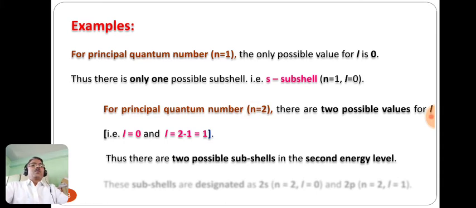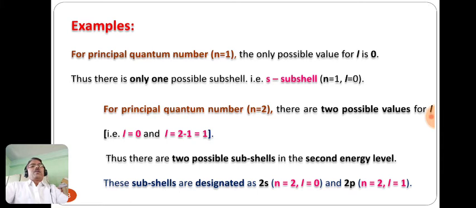And these two subshells belong to the second energy level, and they are designated as 2s, with quantum numbers n equals 2 and l equals 0. Means the main energy level is 2 and the subshell is s, so it is 2s. The second is 2p, where n equals 2 and the azimuthal quantum number l equals 1. So when l equals 0 it is s, and when l equals 1 it is p.